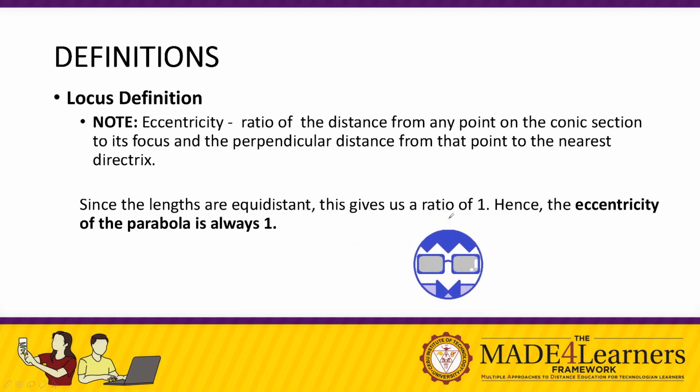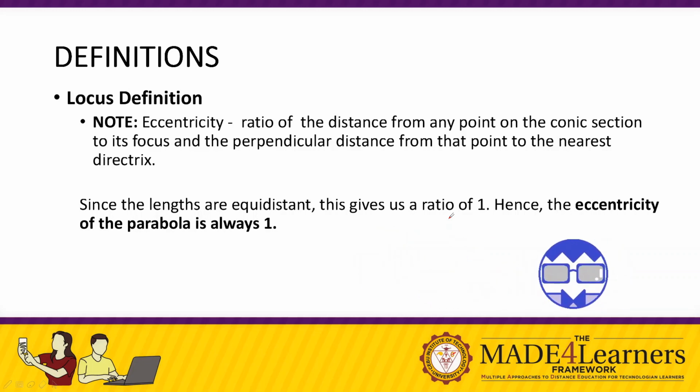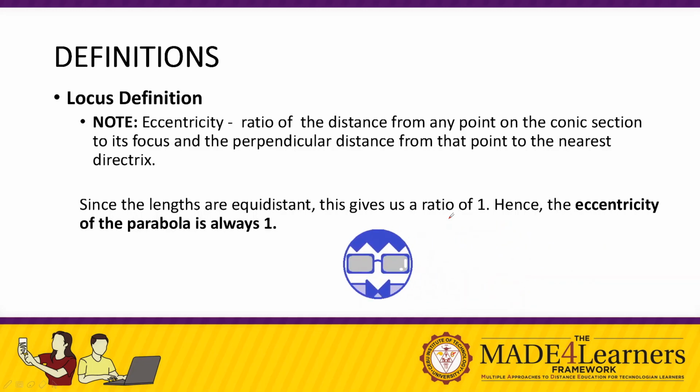Something to take note about the locus definition is the concept of eccentricity. Maybe you have heard this already in prior videos or lessons. When we talk about eccentricity, this does not mean strange.